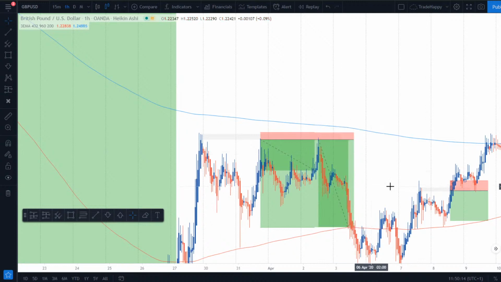So test your own strategy and find the strategy where you can potentially have massive upside with very little drawdown, very little losses.